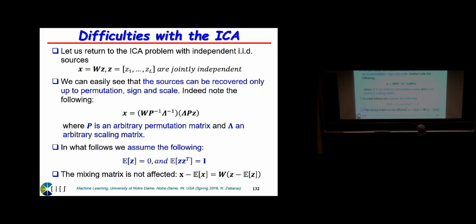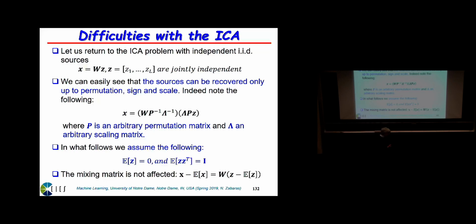Issue one: if there are two students, will I be able to identify that student one is this person and student two is that? No. You can see here, if you take a permutation of the z's, you basically get the same answers, where the W is changing by another permutation, and the same thing if I do any arbitrary scaling of the signals.